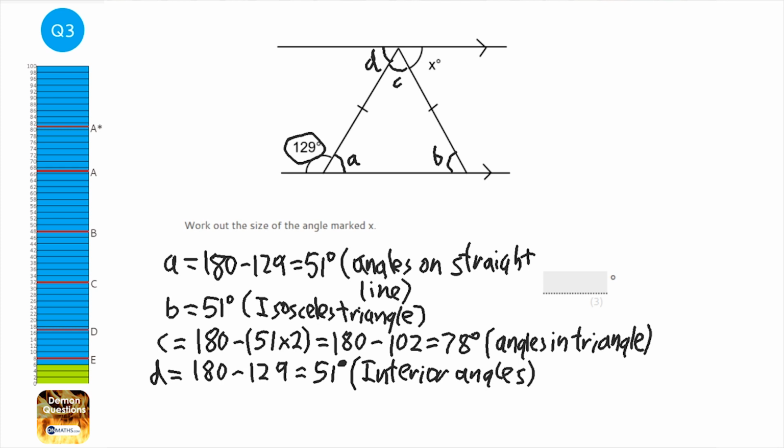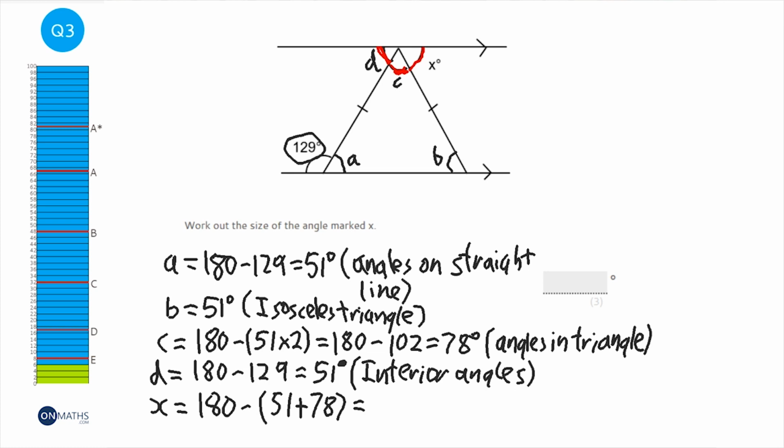Okay, so we've currently got D here, we've got C, and we're looking for X, and they make a straight line. So to work out X, it's just 180 take away the D and C, so it's 51 plus, what was it, 78. Okay, so let's do 51 plus 78 first.